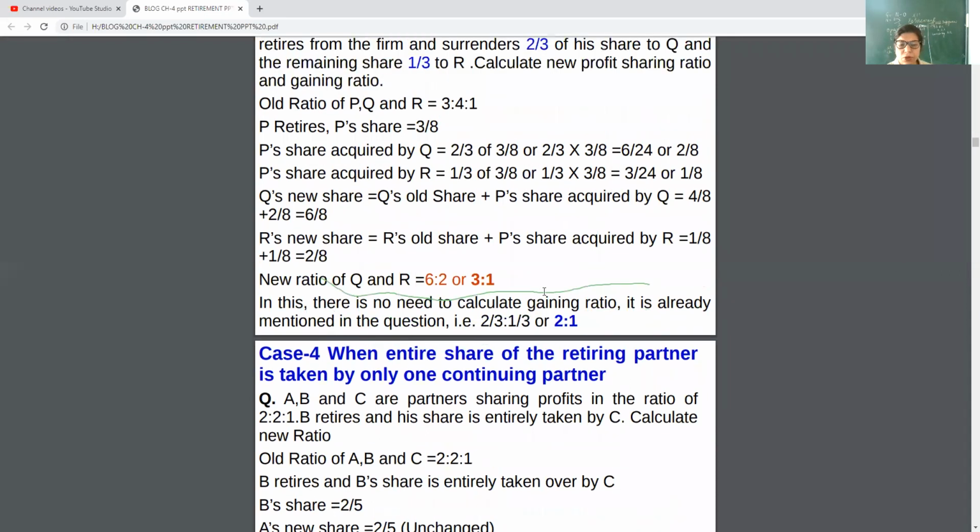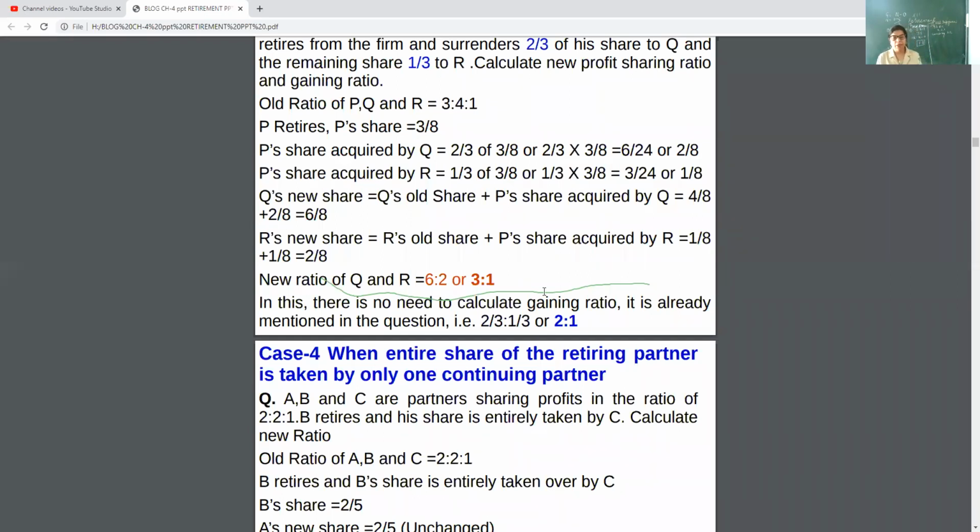Now see, I am going to tell you about one more case. One more case is there when only one old partner is gaining and others are not ready to change their share, when the entire share of the retiring partner is taken by only one continuing partner.